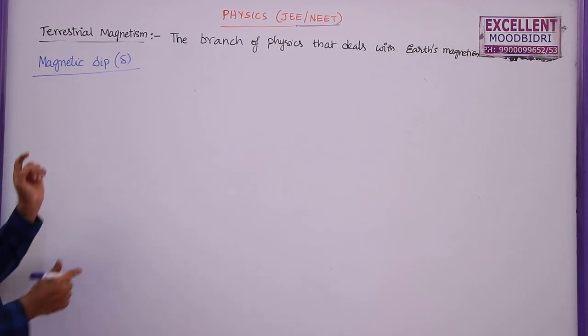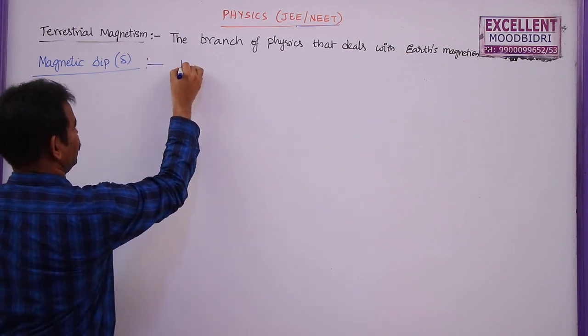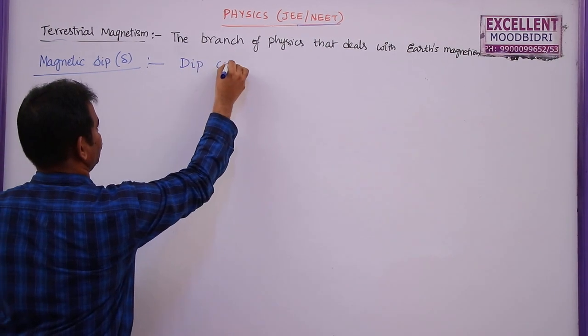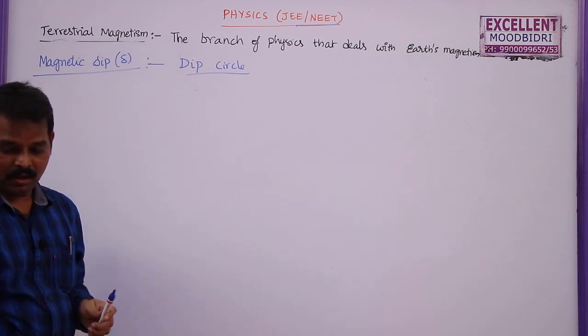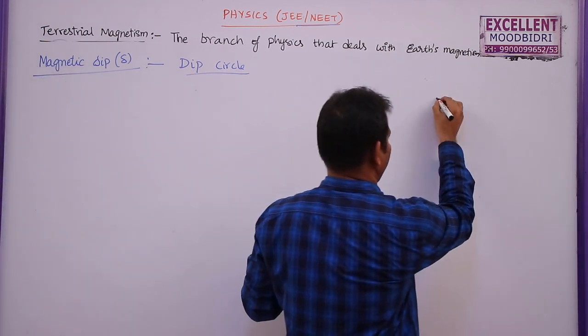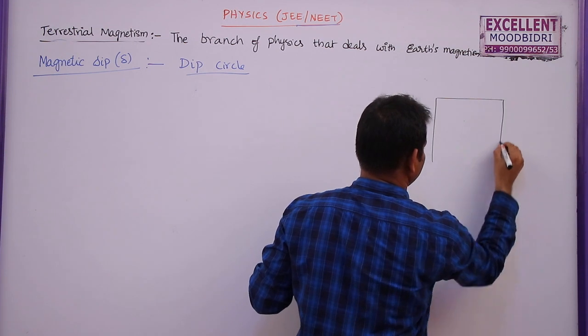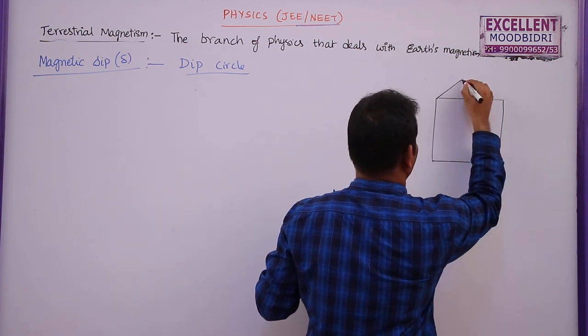The magnetic dip is measured with the help of a device called a dip circle. The dip circle consists of a wooden box with a glass at its front. This is the wooden box.